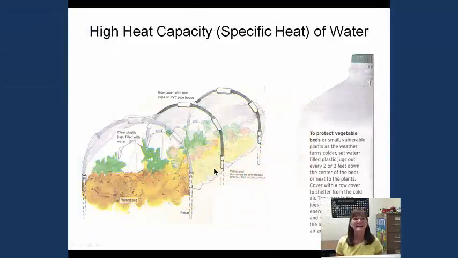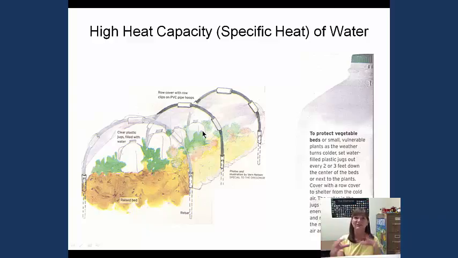The high heat capacity or specific heat of water is sometimes utilized by people who grow plants to keep them warm when the weather is cold. So what you do is you fill up some milk jugs with water and you place them in between your plants about 2 to 3 feet apart. During the day the water jugs warm up, so they trap the energy from the sun inside the water in these jugs.